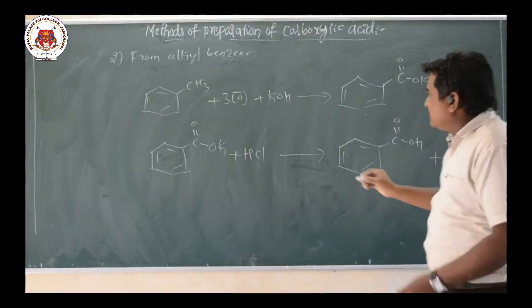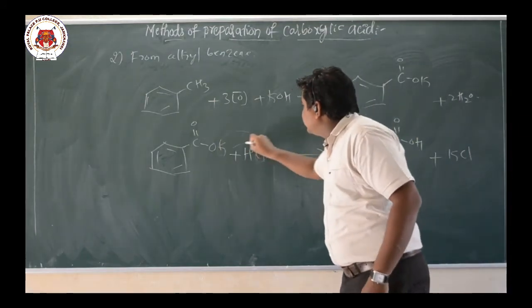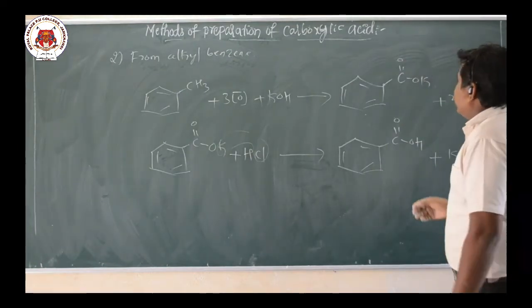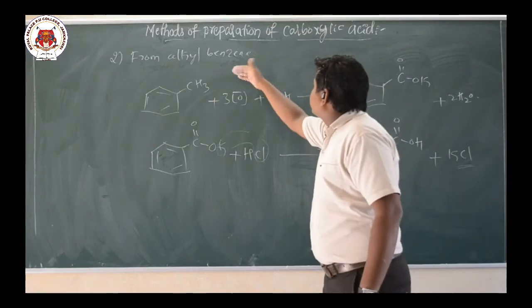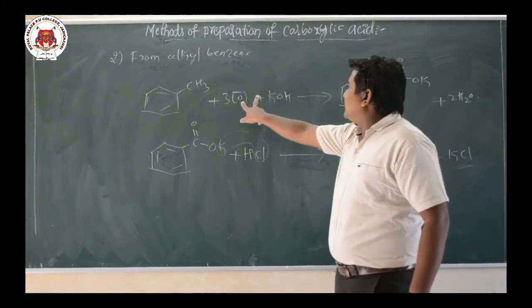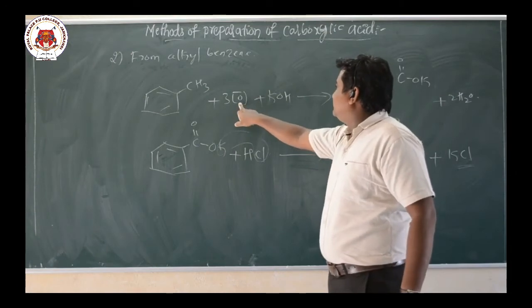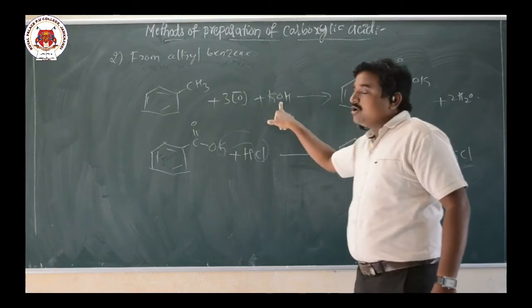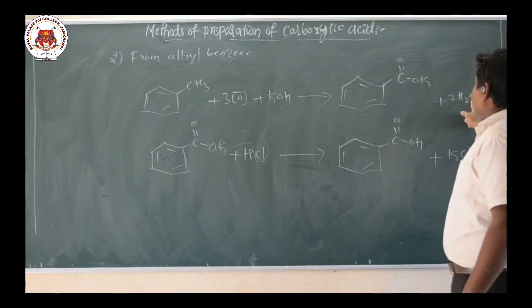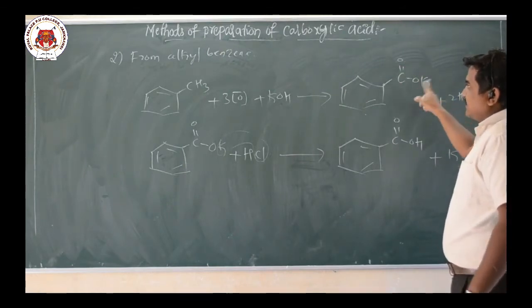Benzoic acid. See here, liberation of KCl, elimination of KCl. Now here also same thing, addition of what here? 2 oxygen atoms. So totally the number of oxygen atoms on the left hand side is 3 oxygen and this one 4 oxygen atoms, and here we have 2 and here 2 oxygen atoms. Totally 4 oxygen atoms are there.